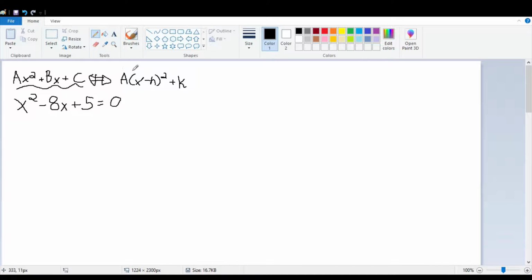Now to the vertex form over here, there are also pros and cons to it as well. You can tell exactly where the vertex is, and that's really useful because sometimes you don't need to know the exacts of a function. You just need to know just the generals, like where it's going to be, which quadrant it's in. It really comes into play later on in like calculus and a few other things as well.